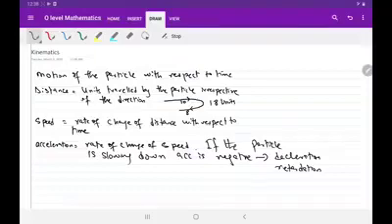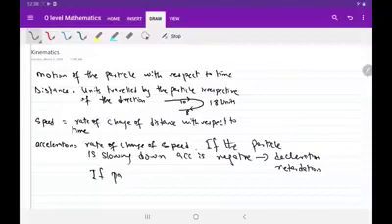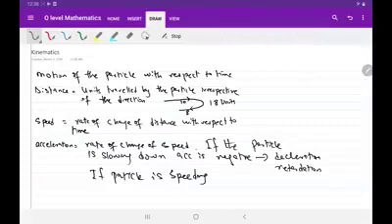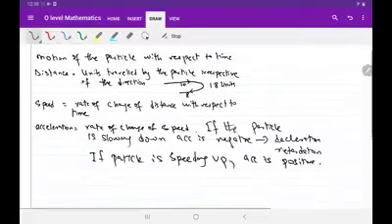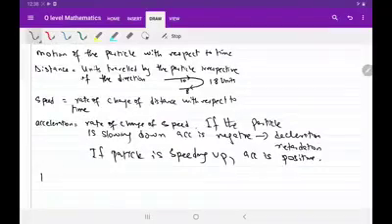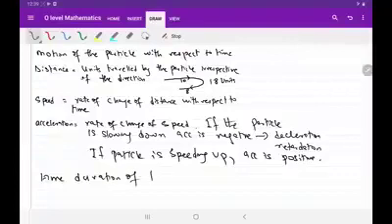But if the particle is speeding up, then acceleration is positive. Time refers to the duration of the motion of the particle.